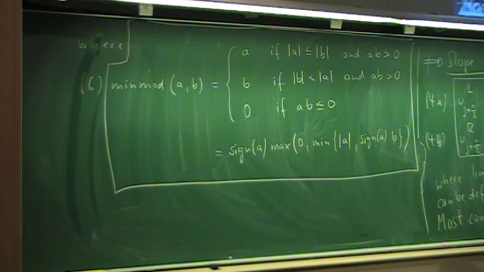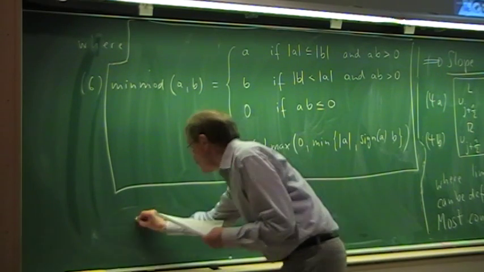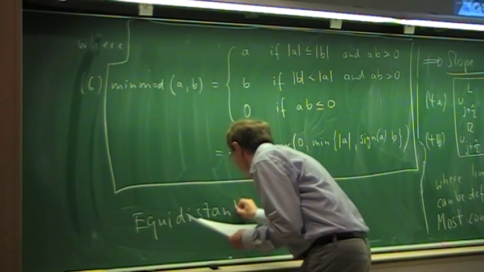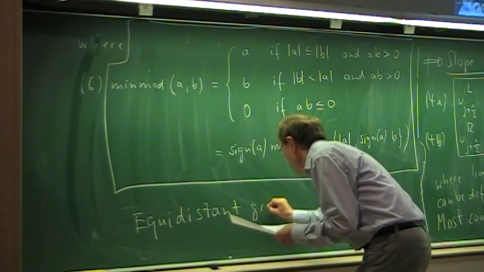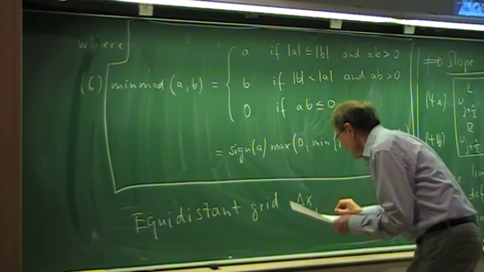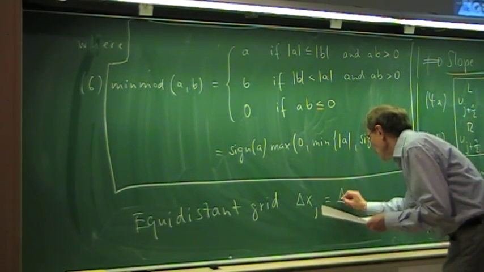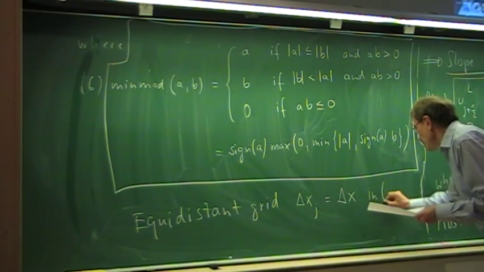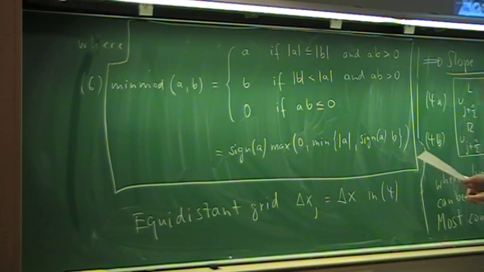So let us then specialize for an equidistant grid. In an equidistant grid, we assume that the grid spacings in each cell are equal. And then we use that in 4.